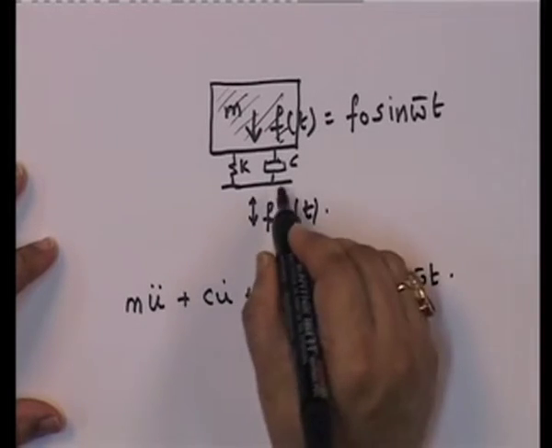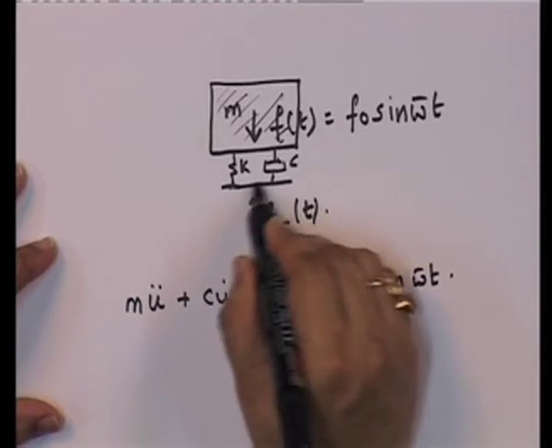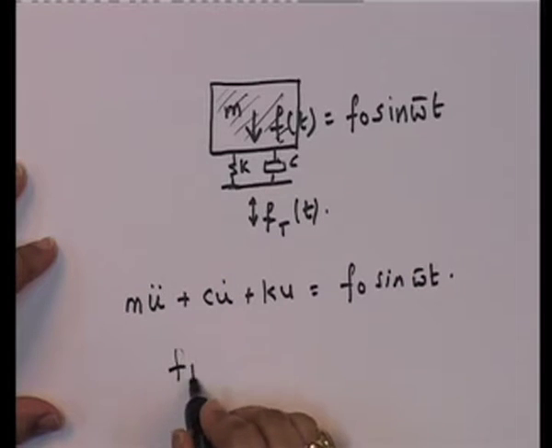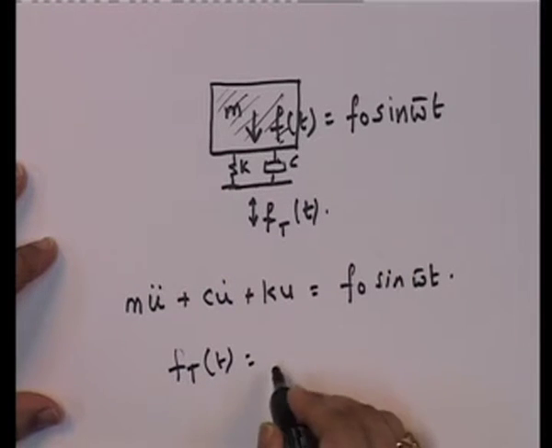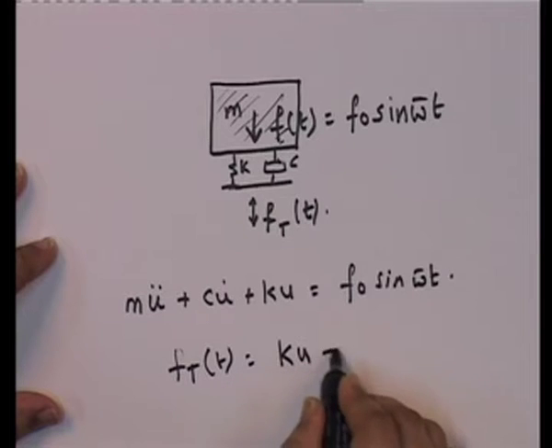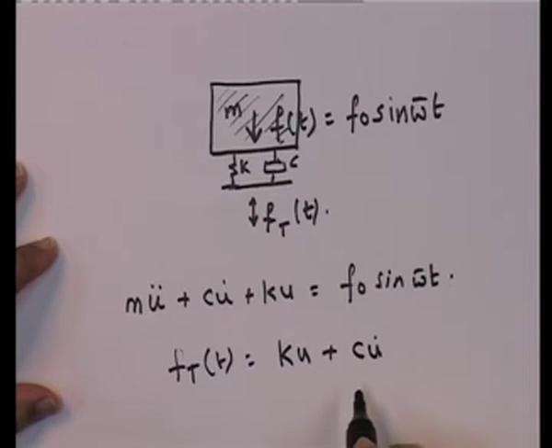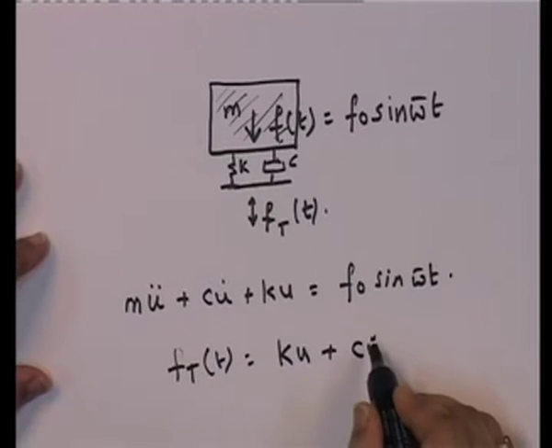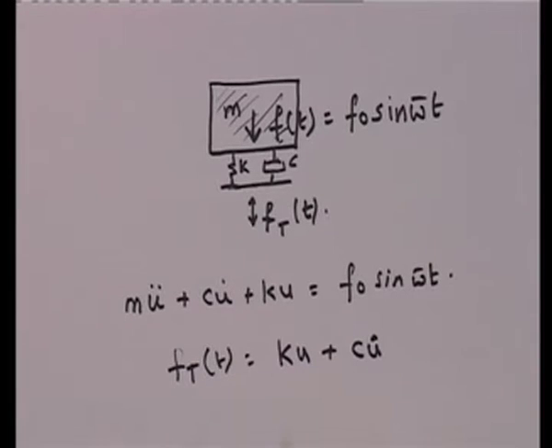The transmitted force is nothing but F transmitted equal to k u plus c u dot, nothing else. So now the question becomes, what is k u plus c u dot equal to? That is all I need to do.